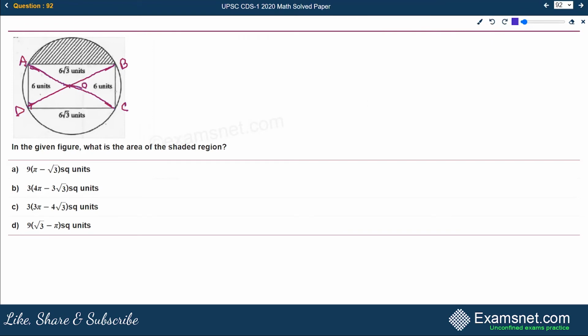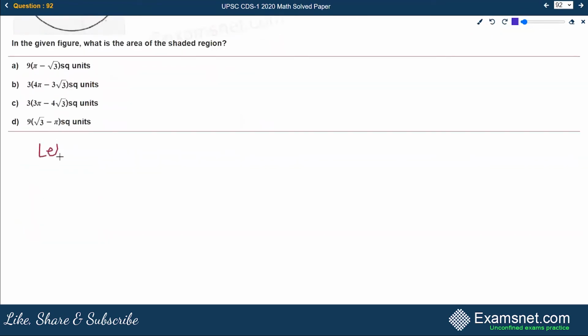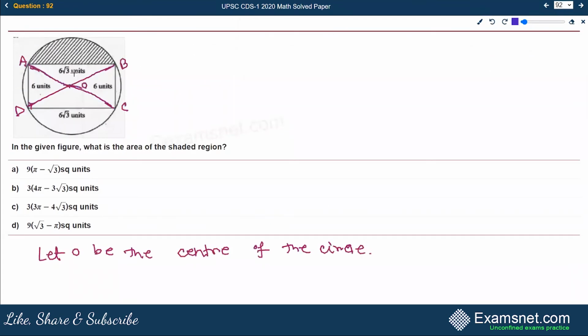Let O be the center of the circle. Now let me put a perpendicular from O on AB.